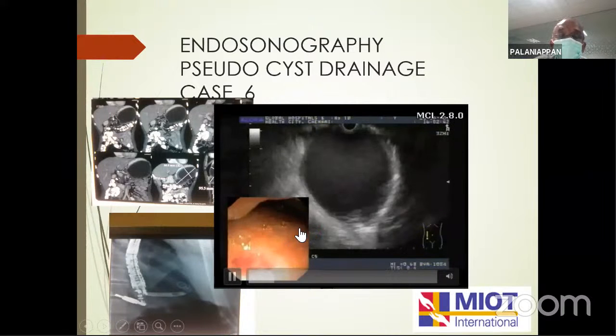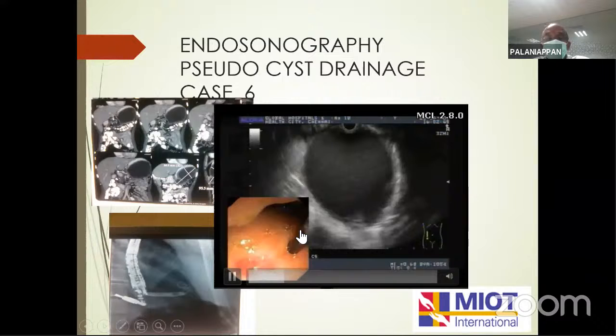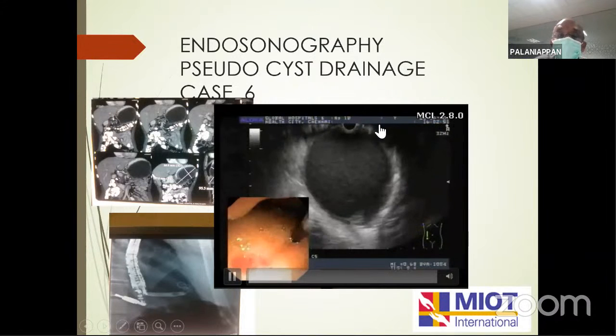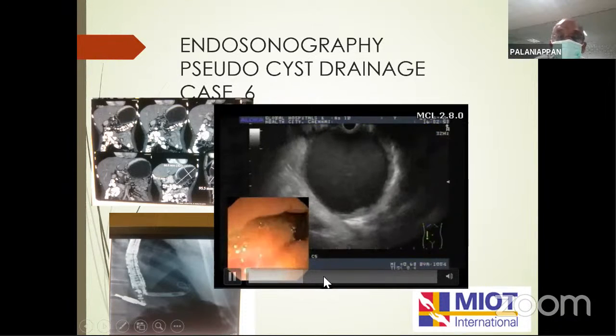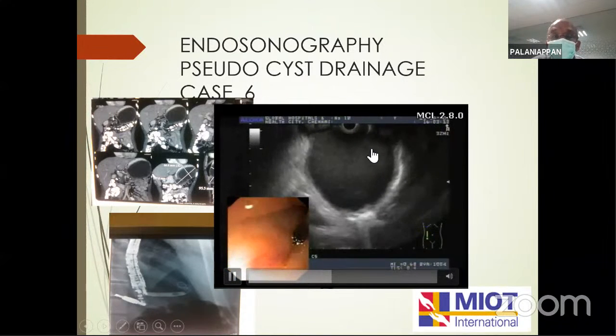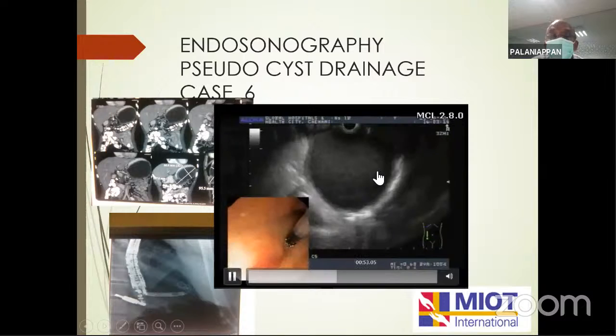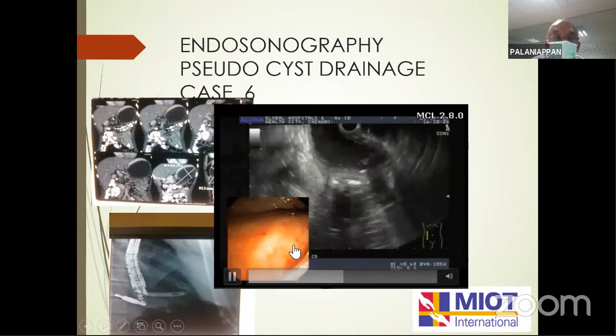We are puncturing over the cyst, which is causing an impression on the stomach. The needle was here, in real time you are seeing it on the ultrasound. We punctured here in the scopy, and we are seeing the needle here in real time, over which a guide wire was passed. Over the guide wire, this is the guide wire. You can see the fluid gushing out from the cyst into the stomach.